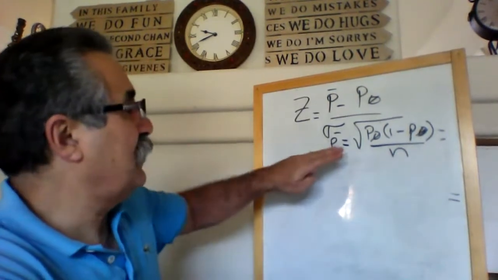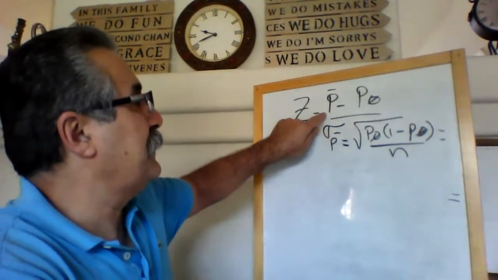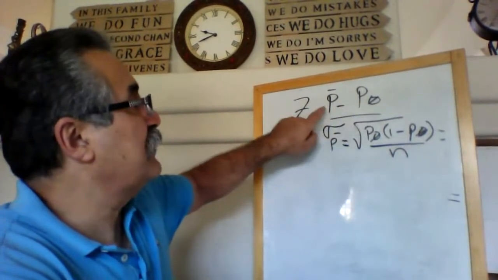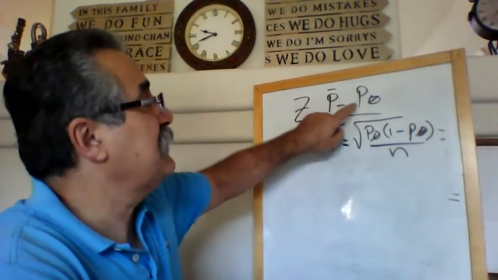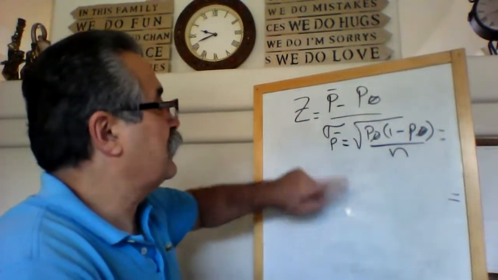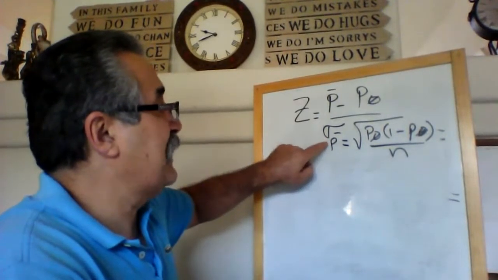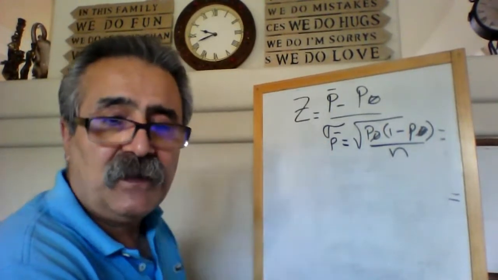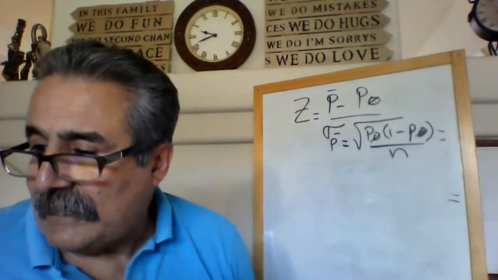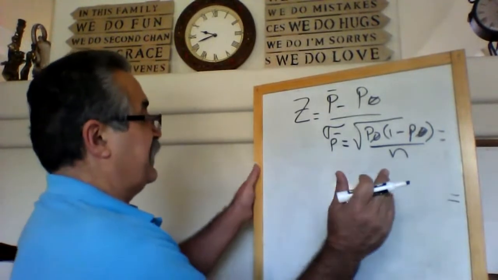So this is the only difference that you see. Of course, instead of x bar and mu sub 0, we are using the sample proportion. This is the hypothesized population proportion. This is the standard error of p bar, or standard deviation of p bar, whichever you call that. And the rejection rule stays the same.